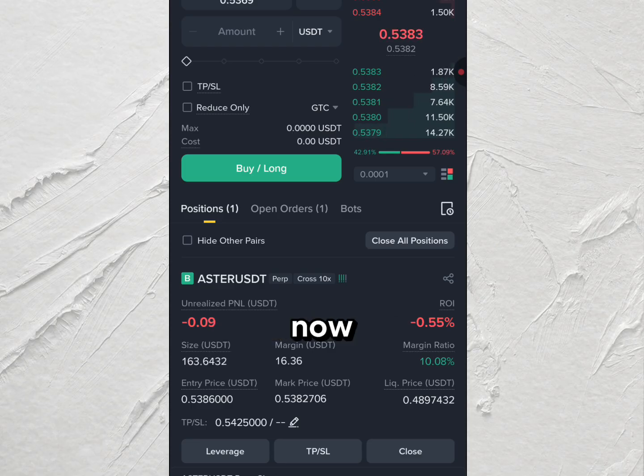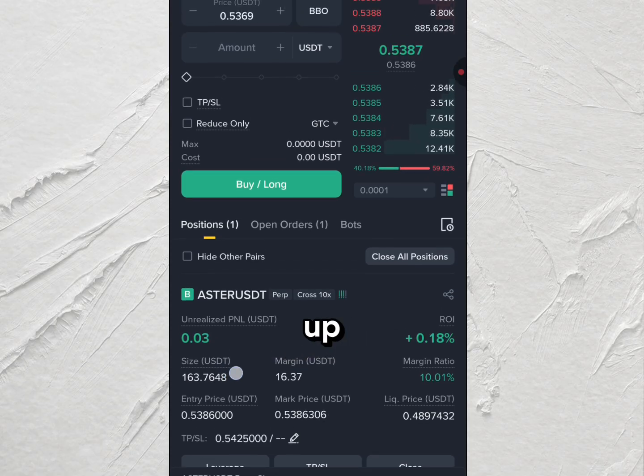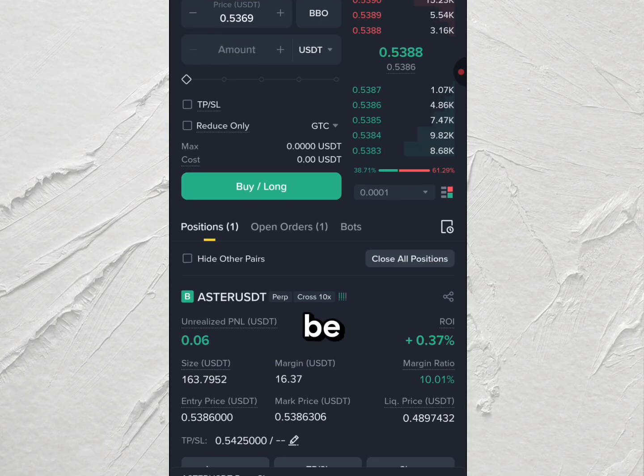If I'm losing and it has gone down to $100, I'll be paying 0.5% of that 100, not of 163 again. That shows you that portfolio size affects how the fees are deducted.